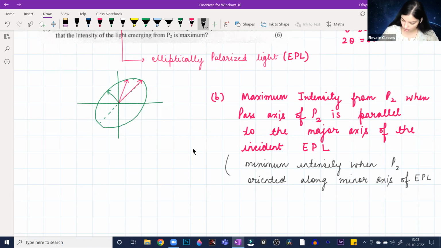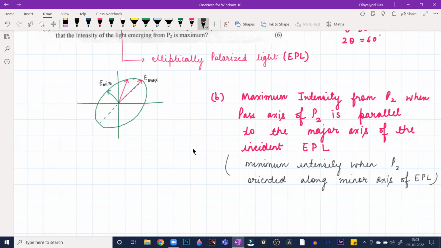Okay, so remember this figure. So this E will correspond to the minimum value and this will correspond to the maximum value, if you look at just the length of the vector.